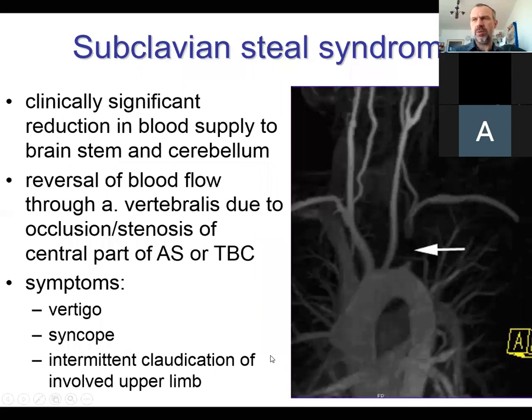And the other thing which is connected to the vertebral artery is the subclavian steal syndrome. So what you can see here, the left subclavian artery in this case is blocked by atherosclerosis. So how then does the blood flow into the upper limb?